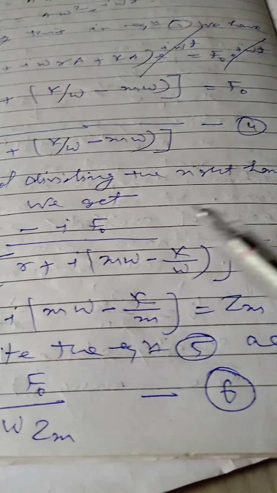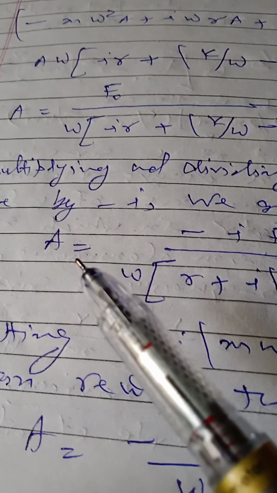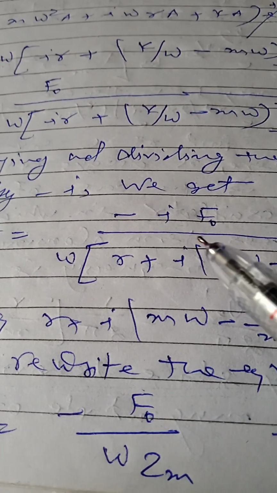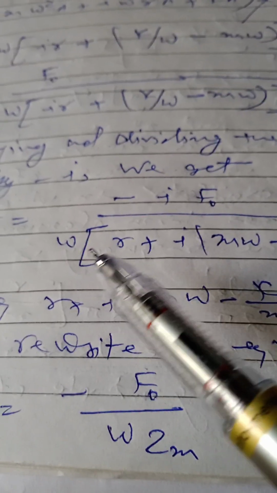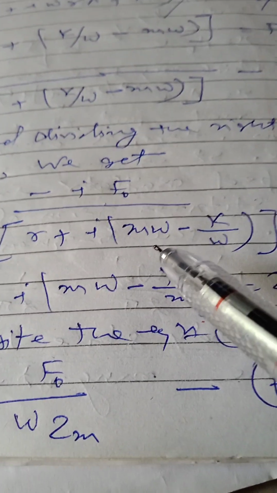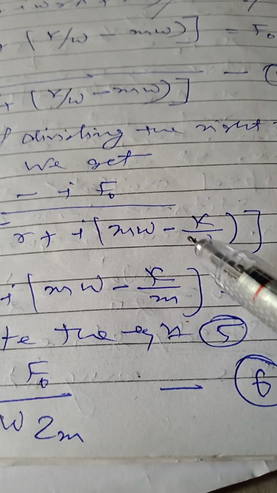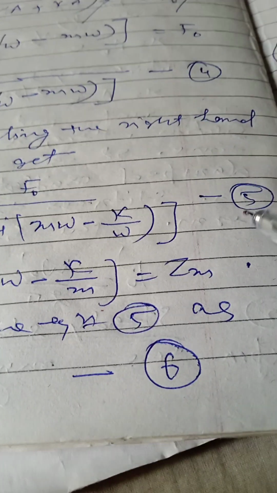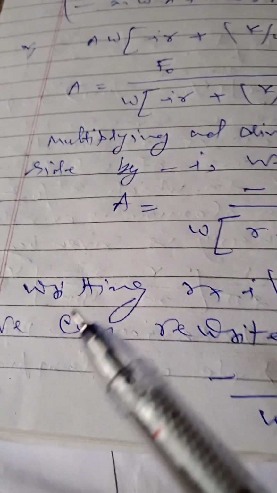Multiplying and dividing the right hand side by minus i, we get a is equal to minus i f naught divided by omega into r plus i m omega minus k by omega. Equation number 5.